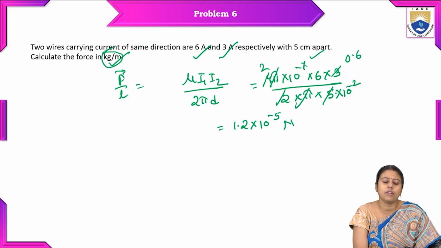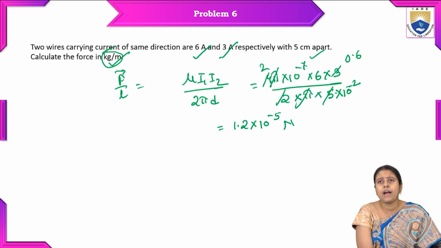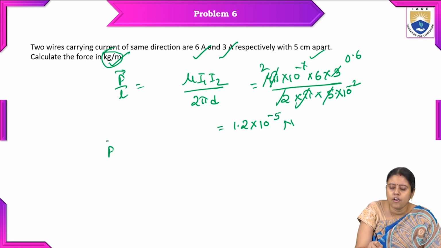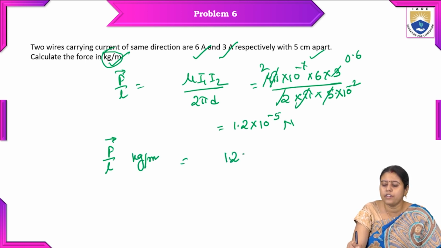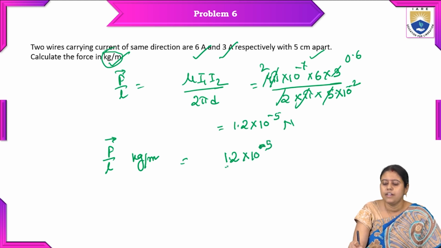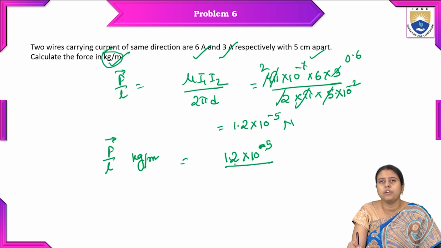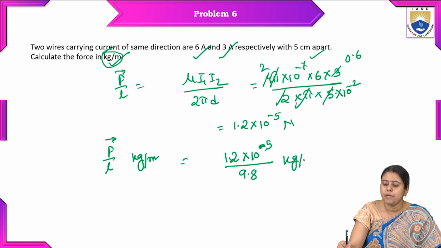But we have to calculate the answer in kg per meter. So from Newton to kg per meter, the force per length in kg per meter is equal to 1.2 into 10 to the power minus 5 divided by 9.8 kg per meter.